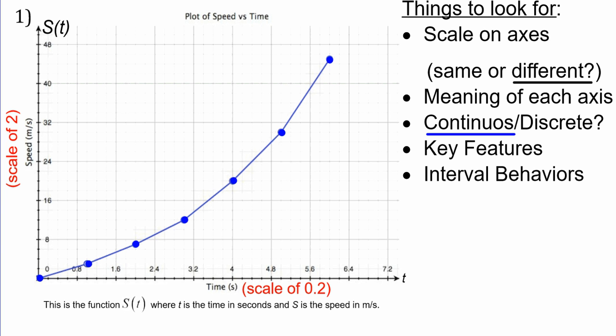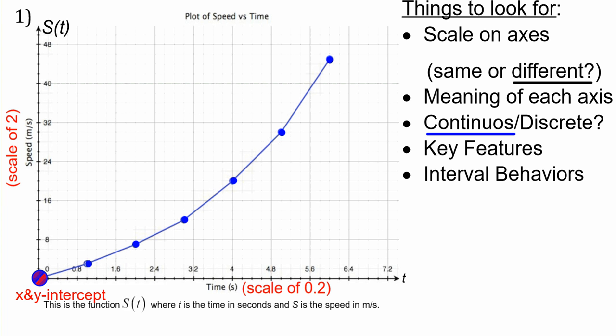Then we're looking for key features, meaning x-intercepts, y-intercepts, and any turning points, so local minimums or maximums for your graph. If we look at our graph here, we can see that we have an x-intercept and a y-intercept. They just happen to be at the same point. So we're going to mark that on our graph.